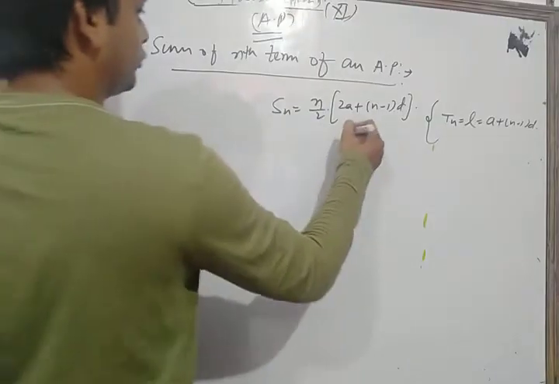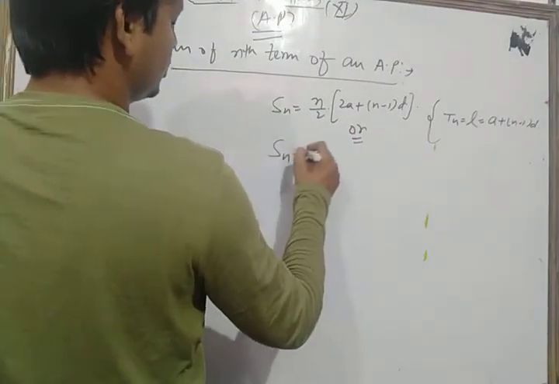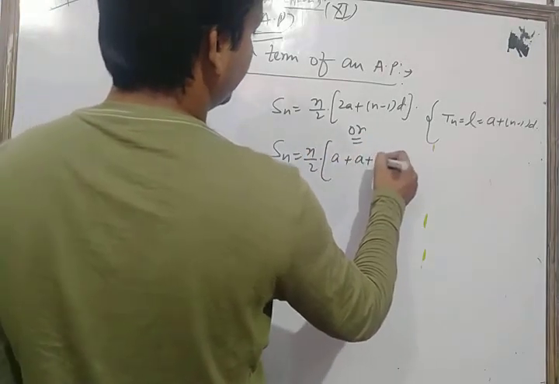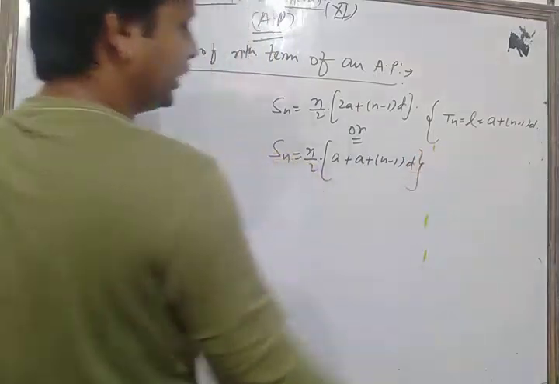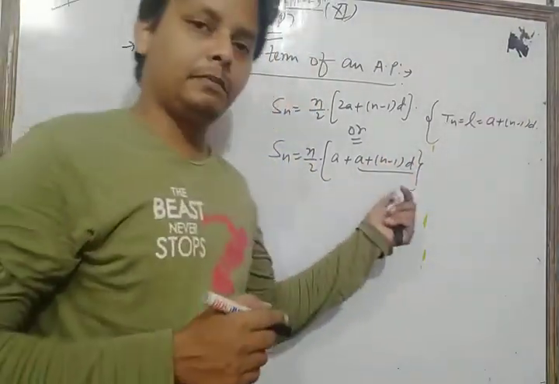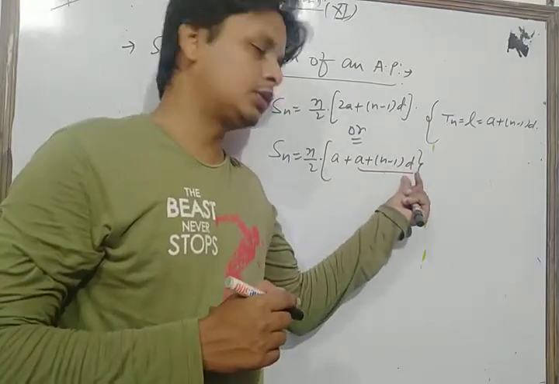So we write this formula in this way also. Sn is equal to n by 2. We split 2a as a plus a plus n minus 1 into d. Now, dear student, we put L in the place of a plus n minus 1 into d.